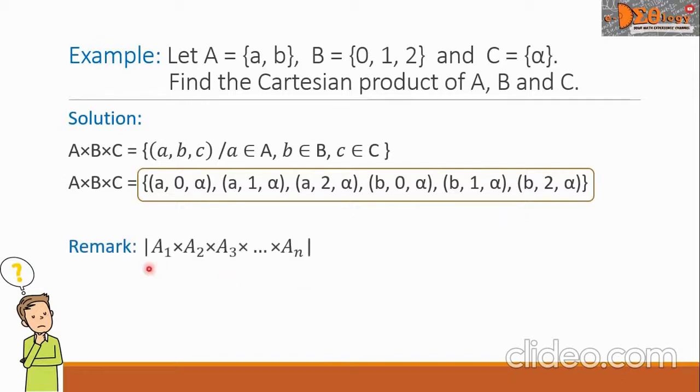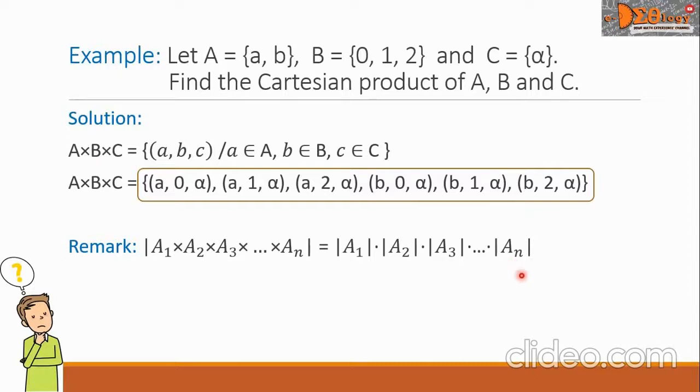There is a remark here with regard to the cardinality of the Cartesian product. So we read, the cardinality of A₁ × A₂ × A₃ × ... × Aₙ equals the cardinality of A₁ times the cardinality of A₂ times the cardinality of A₃ times up to the cardinality of the last set, Aₙ.